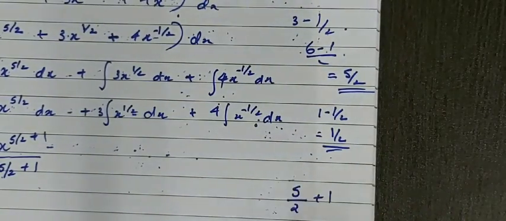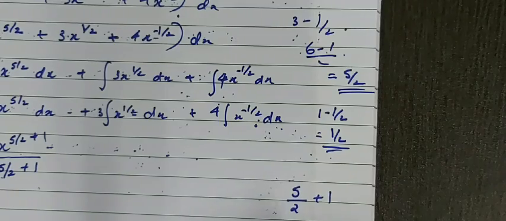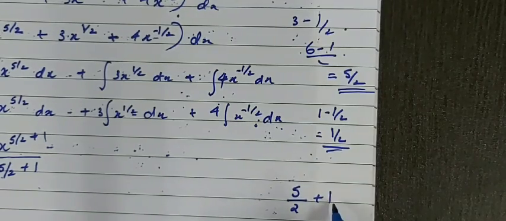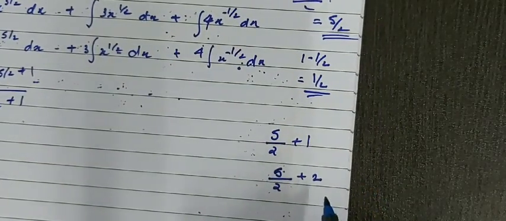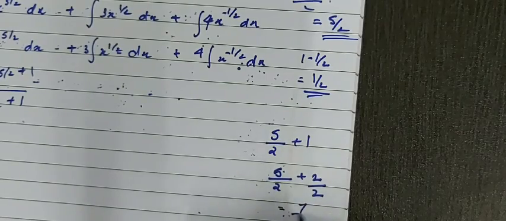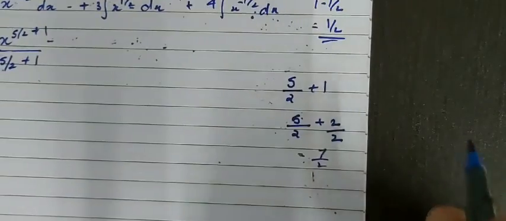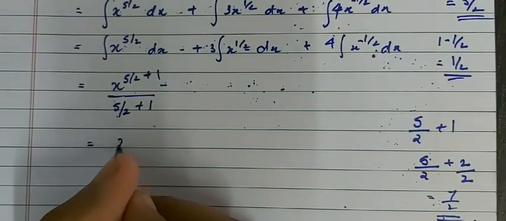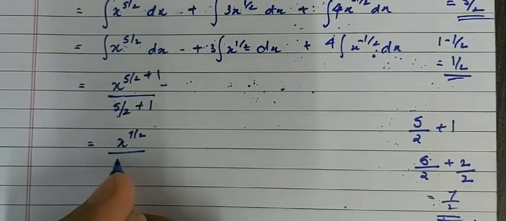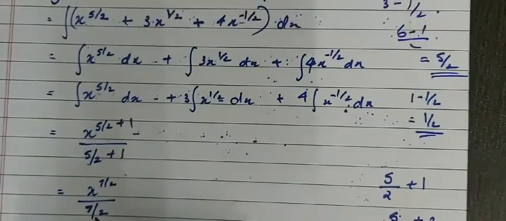It is 5 by 2 plus 2 by 2, multiplying the numerator and denominator of 1 by 2. The denominators are the same, so we can add: 7 by 2. So we apply this 7 by 2 here. So what will it be? x raised to 7 by 2 by 7 by 2.